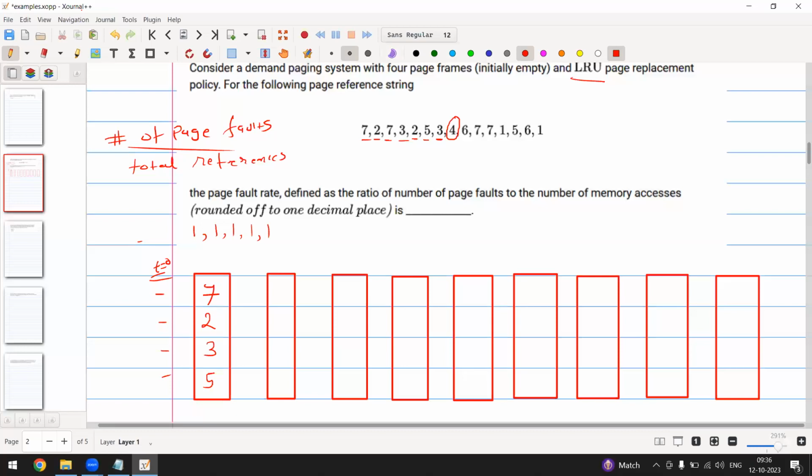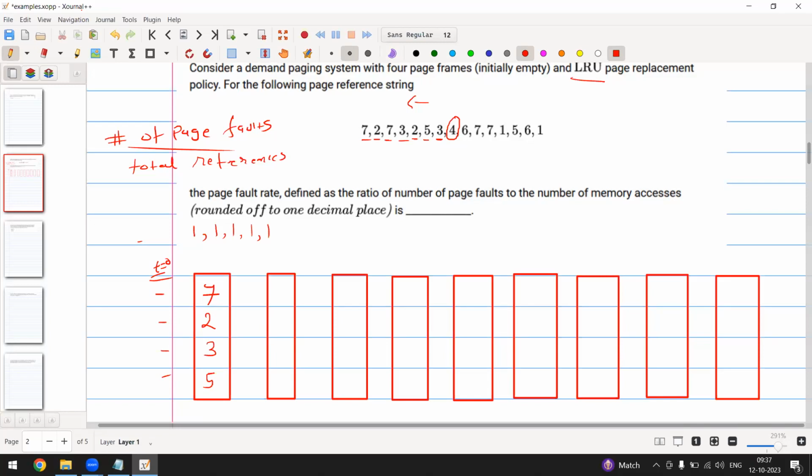Now we have to do the replacement. I have to select one page from 7, 2, 3 and 5 for the replacement, swap it out. For that you have to scan in this manner. Which page was recently used? 3, so you cannot swap it out. Then 5, then 2, and then 7.